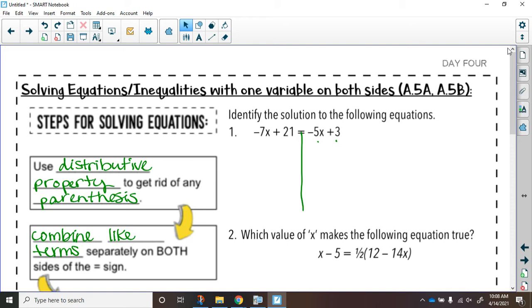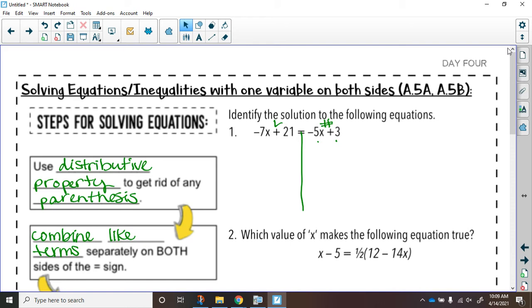So now I'm going to skip down to moving all of my letters to the left, numbers to the right. Remember, letters go on the left, L and L, letters on left. Looking at the right side of the equation, where the 5x and the 3 are, the x is on the wrong side.